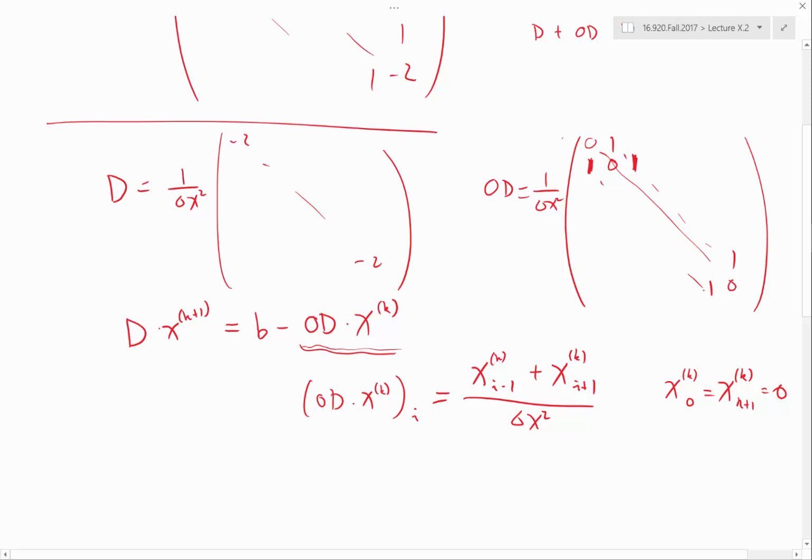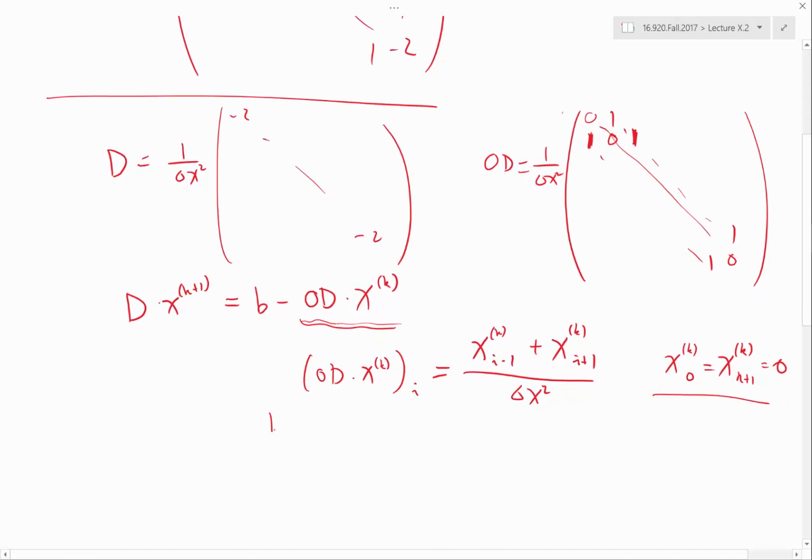This is like my boundary condition when I'm solving the Poisson's equation. Okay, so now I computed this. So b minus OD times x_k at i is simply b_i minus that. There is not much more.